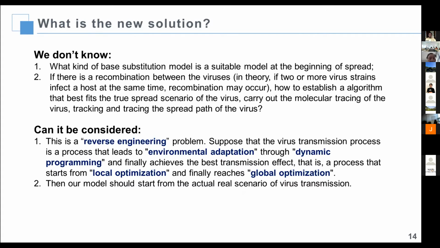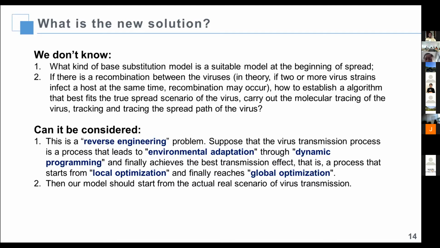Okay, what is the solution we should try to have? Because we don't know what kind of base substitution model is suitable at the beginning of the tree. And the second, if there is a recombination between the viruses, in theory, if two or more virus strains infect the host at the same time, recombination may occur.